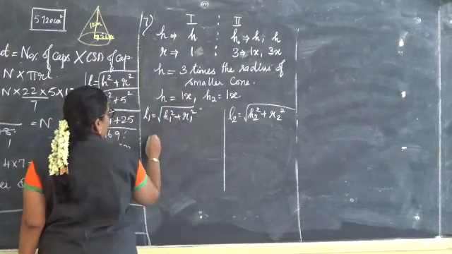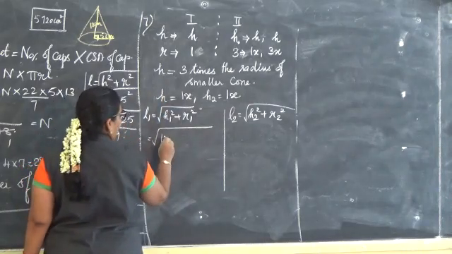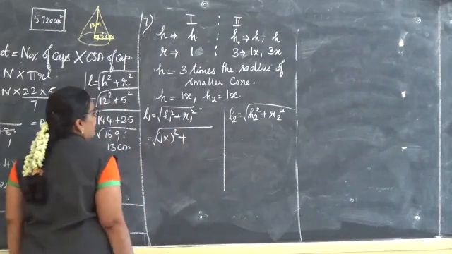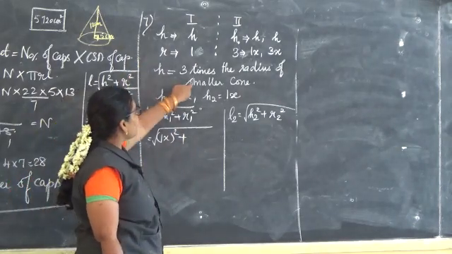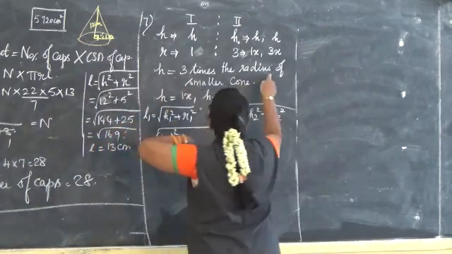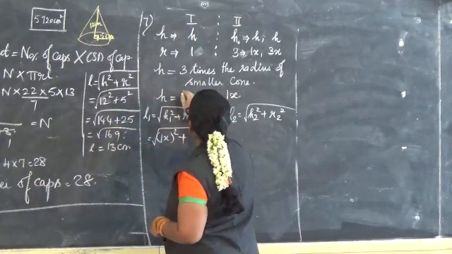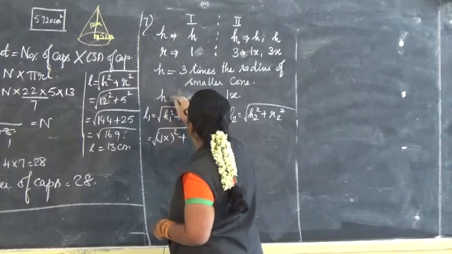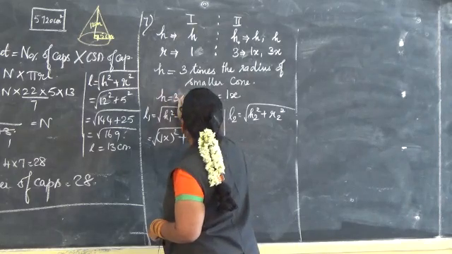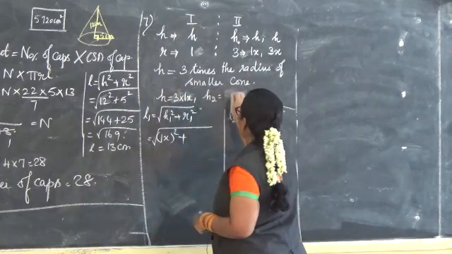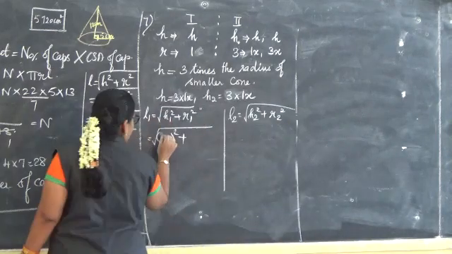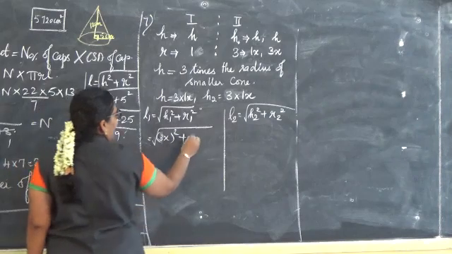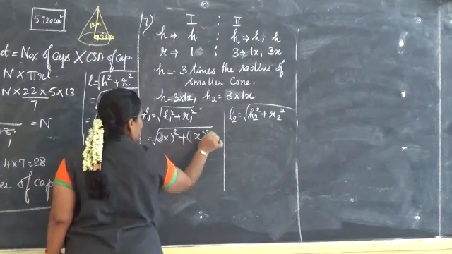What is your h1 value? 3x the whole square plus, what is the value for this one, the radius? 1x the whole square.